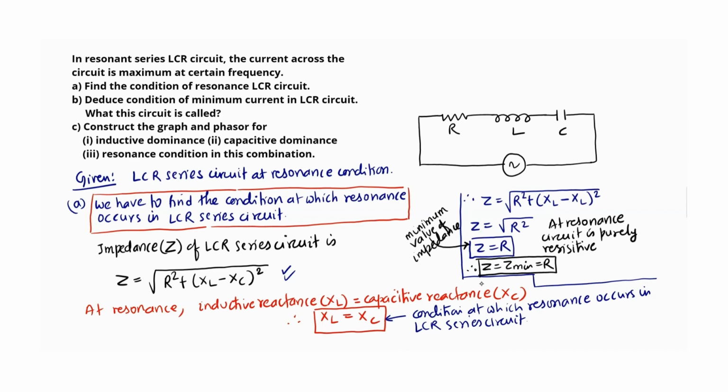Therefore, current is maximum at resonance. So we can write over here, at resonance, current is maximum. So this is to be noted.